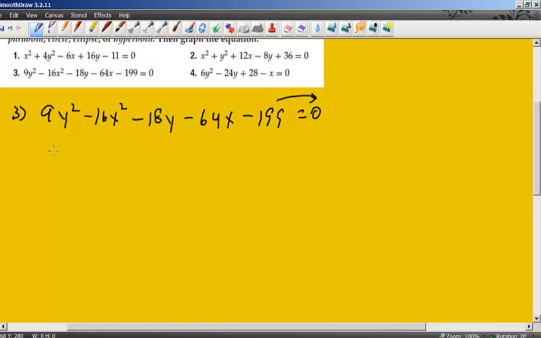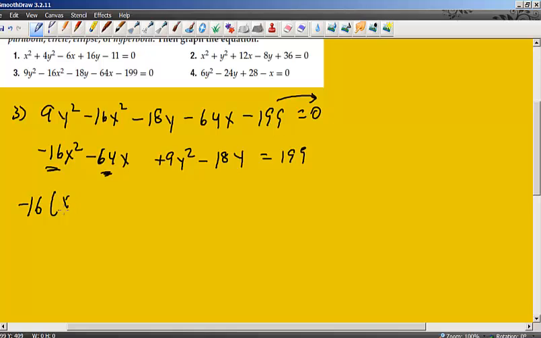So that is going to give me negative 16x squared minus 64x, and then I have a plus 9y squared minus 18y is equal to 199. Now, I'm going to factor out 16 from both of those, so negative 16 is what I'm factoring out.